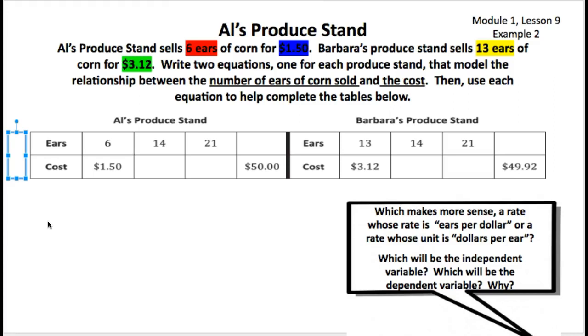Our independent variable will be the number of ears of corn, so we'll go ahead and label that X. We also put in our IV. And our cost will be Y, which is our dependent variable.